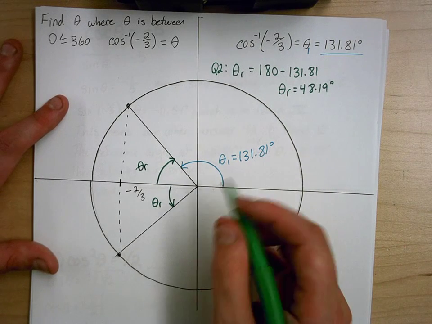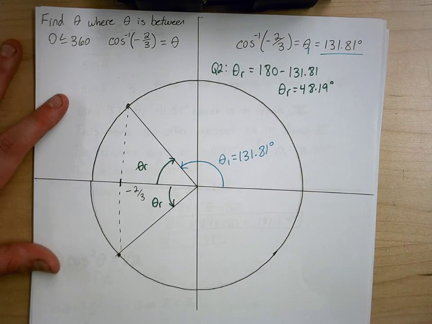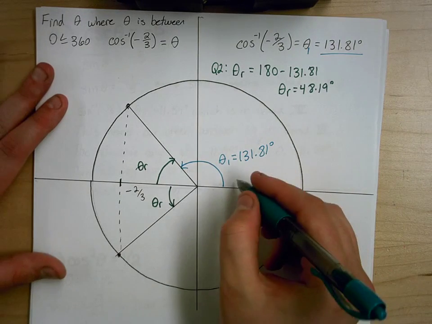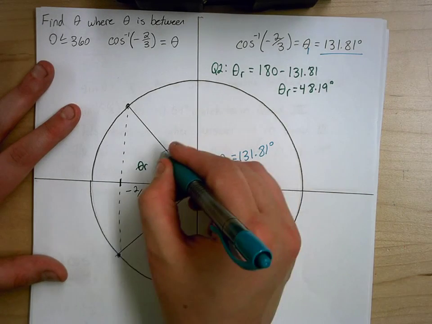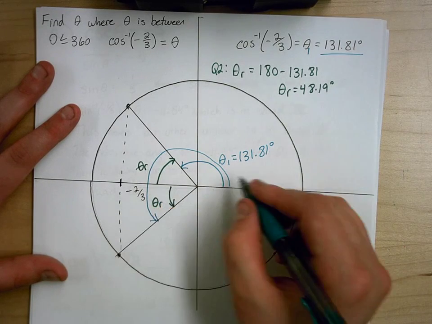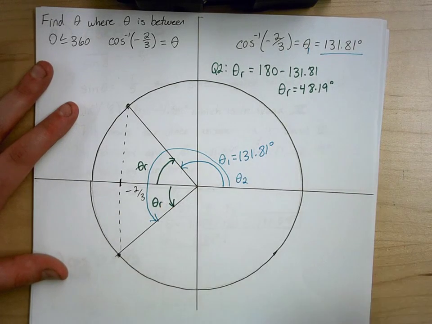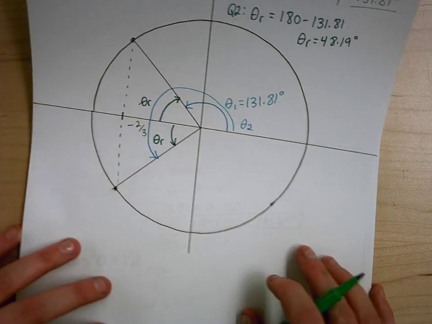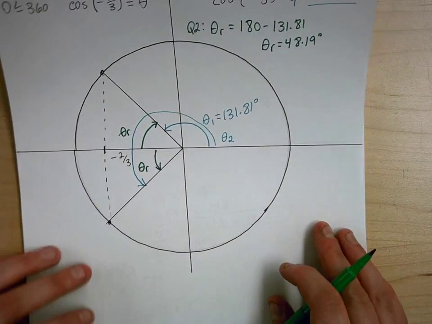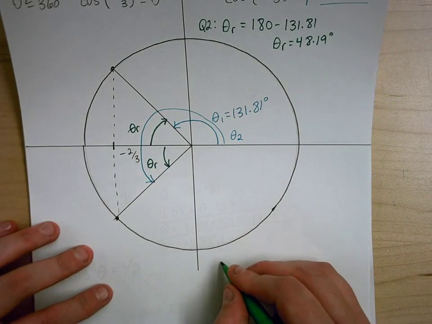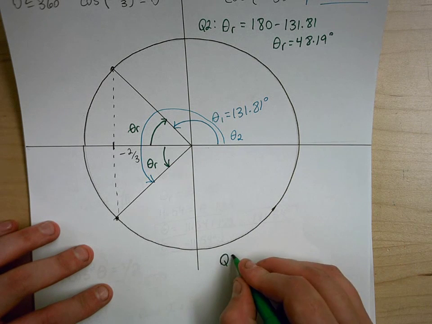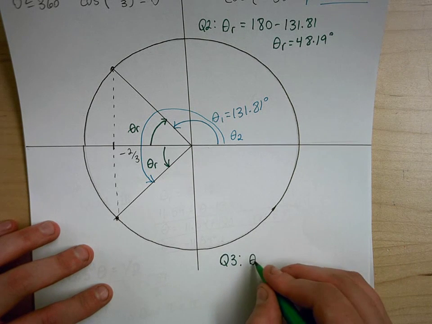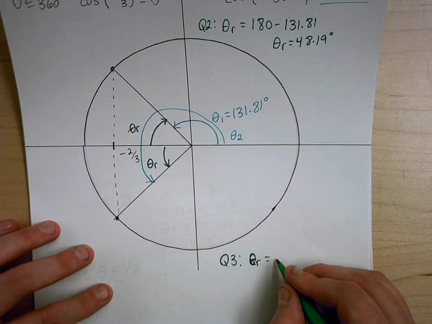Okay, then I know that my second angle here is going to terminate in quadrant 3. Right, so then theta 2 is going to terminate in quadrant 3. So if I use my rule for quadrant 3, write that down here. So my rule for quadrant 3 means that theta r equals theta minus 180.